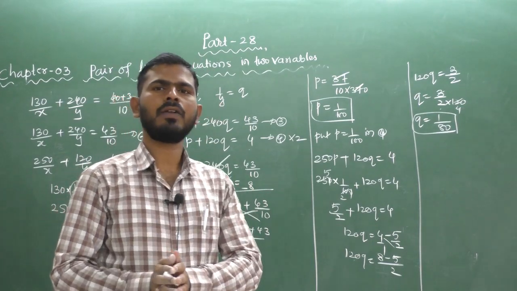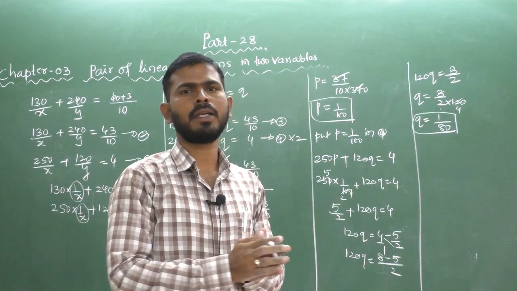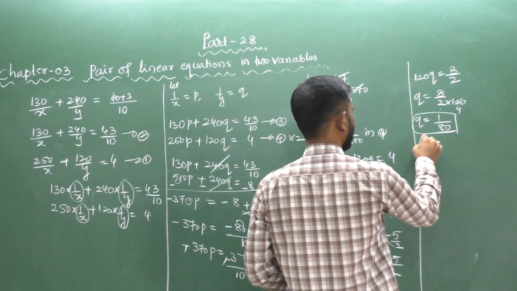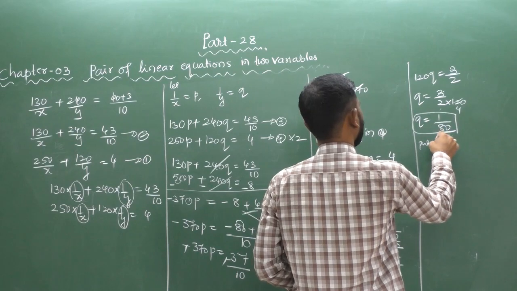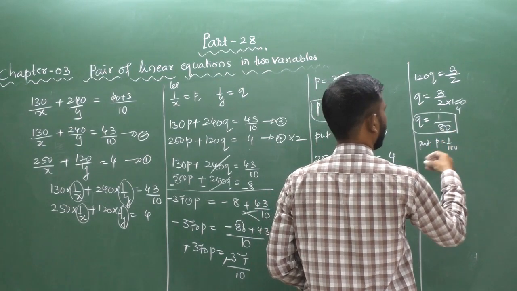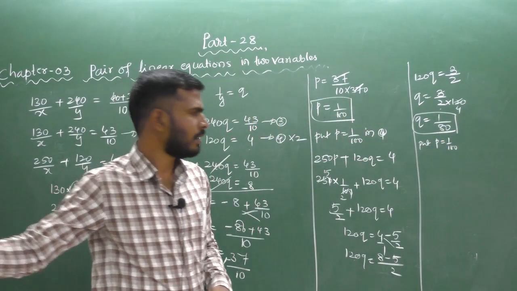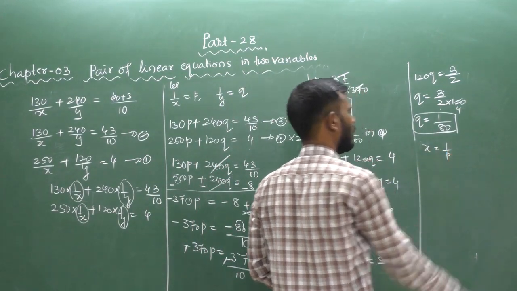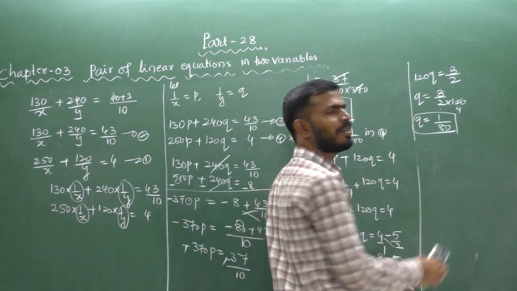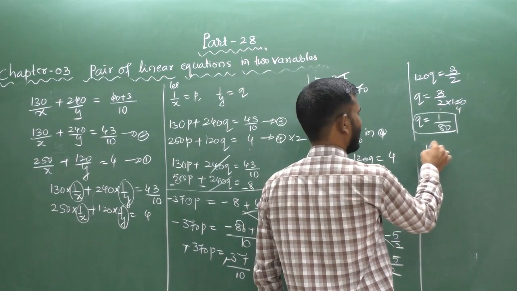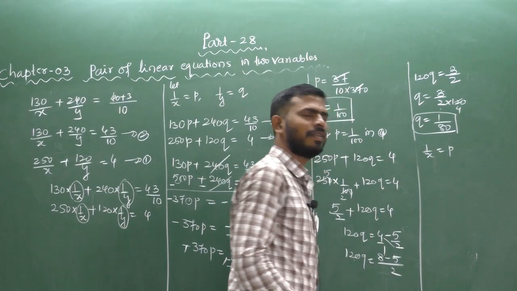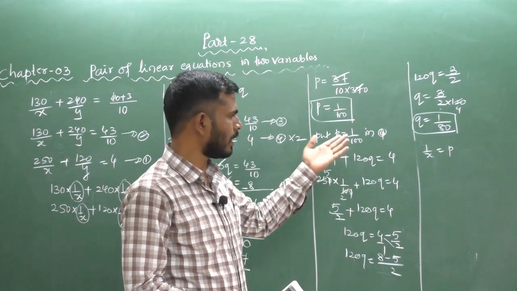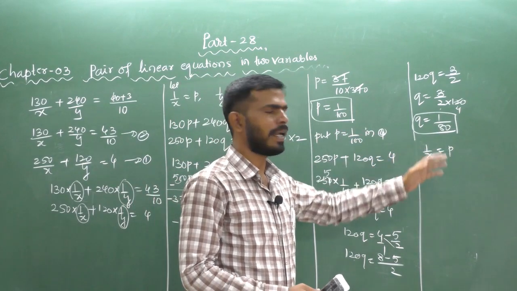Now you require the values of x and y, that is the speed of the train and the speed of the car. We considered in the first steps that 1 by x equal to p.